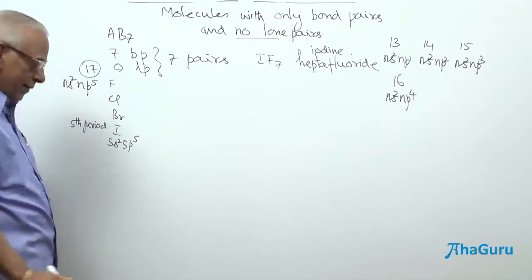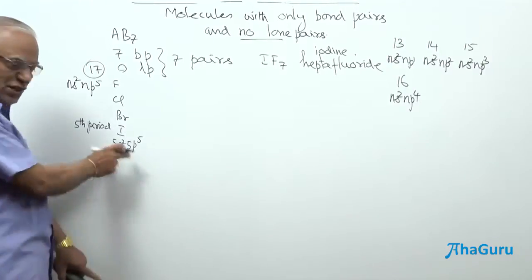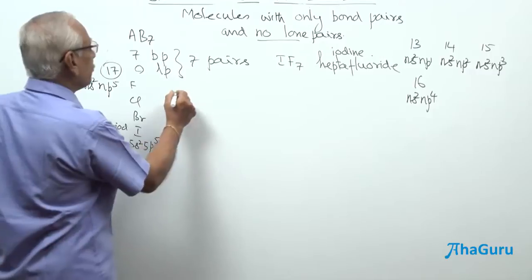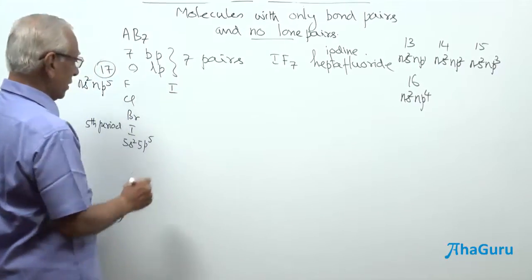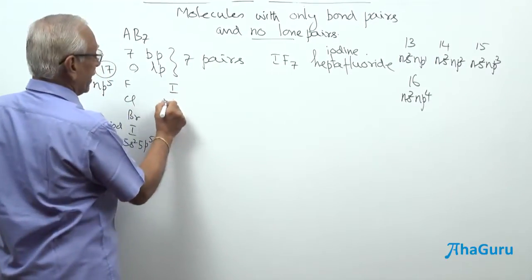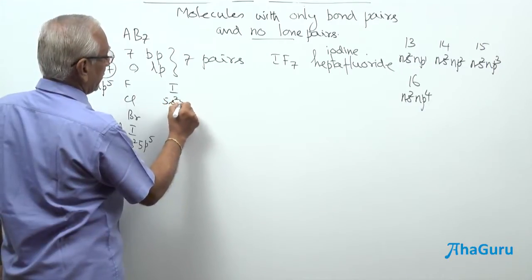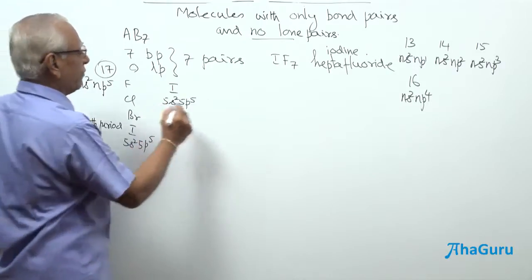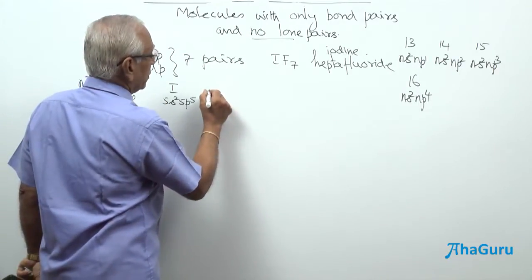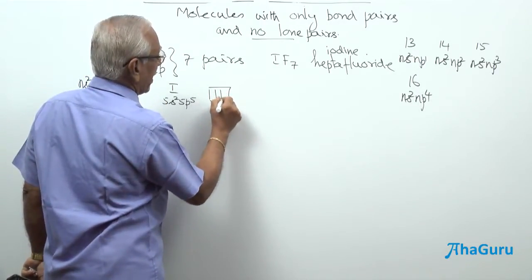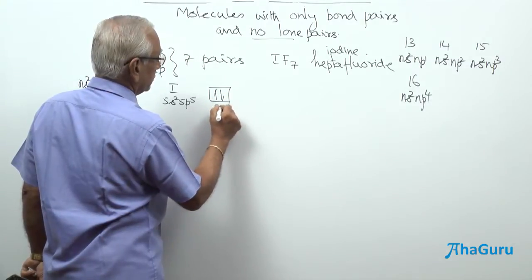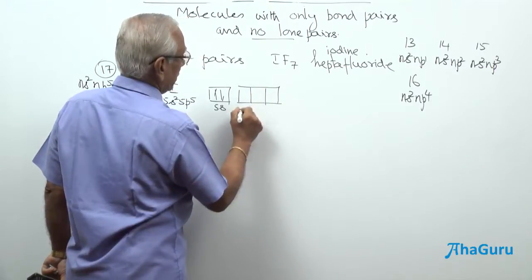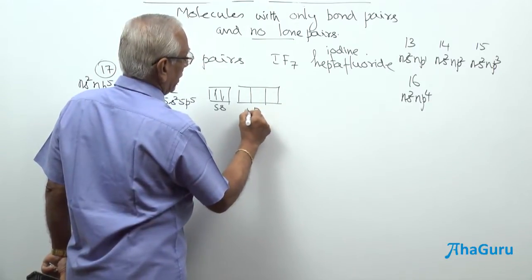I hope you understand the electronic configuration. I have written only the last shell. Therefore, if iodine were to use 5s2, 5p5, look at this, I am giving you additional information besides the geometry. Now, the 5s electrons are paired up and 5p electrons, px, py and pz.